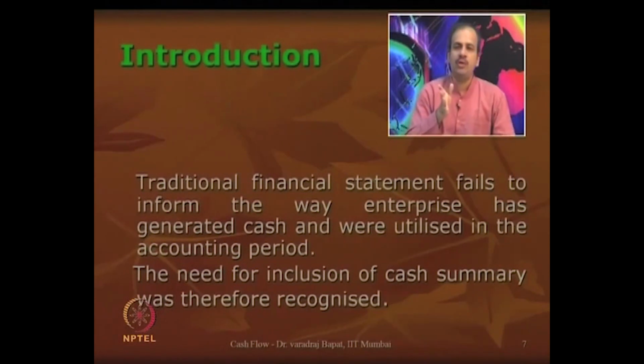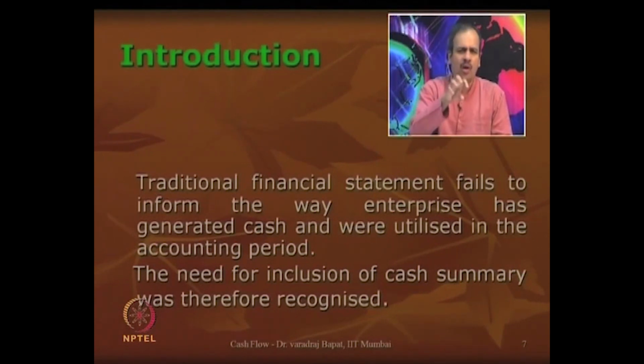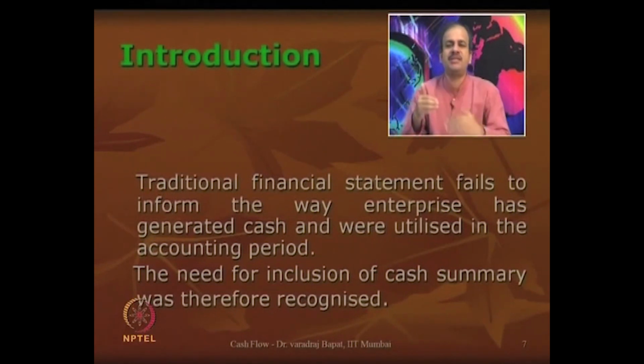So, as you know, income and expense will be shown in profit and loss, but will it tell you how much cash has come in and or gone out? Not necessarily. It will throw some light, you will know how the money is coming, but you will not know exactly how much cash is coming. You will also not know how much cash has been spent. You will know the expenditure, but expense might have been paid or it might be outstanding.